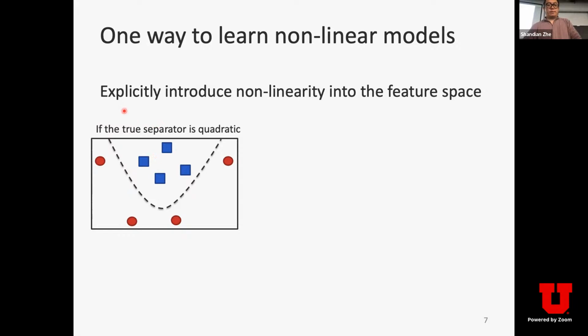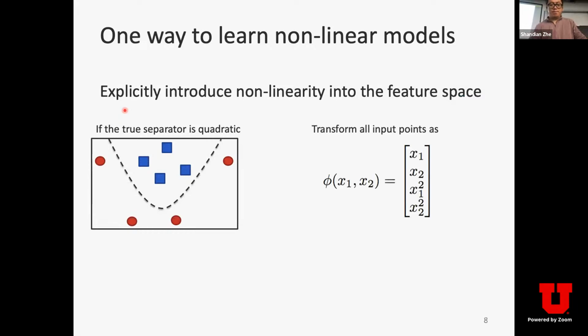And how do we obtain a good linear classifier to separate them? One idea is to introduce additional features to re-represent every data point. For example, for every example x1, x2, I'm adding two additional features, x1 squared and x2 squared.